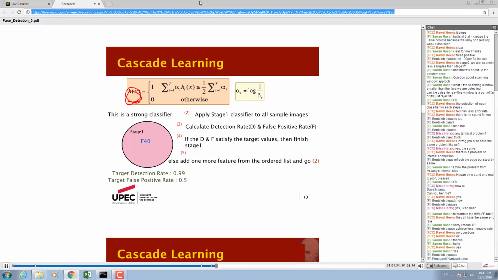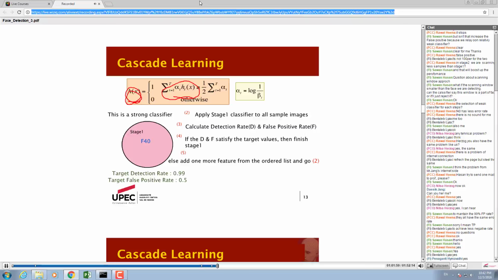Every stage is a kind of intermediate-level strong classifier, but not the real strong classifier. It can have multiple weak classifiers. So one stage classifier can be regarded as one classifier with a combination of multiple weak classifiers.